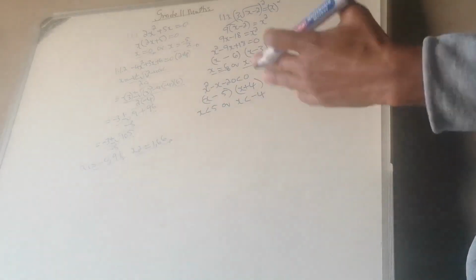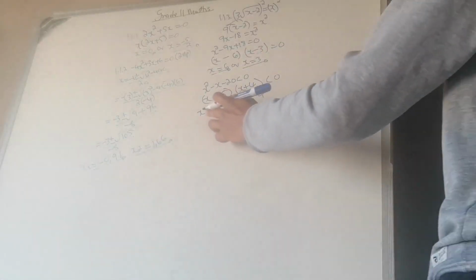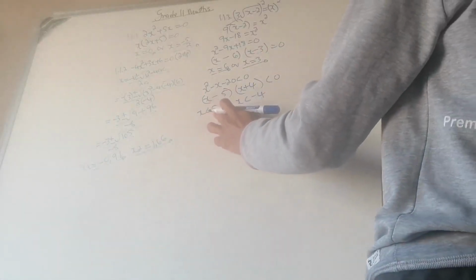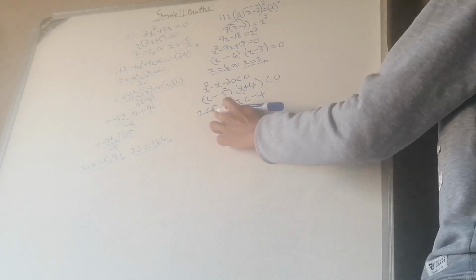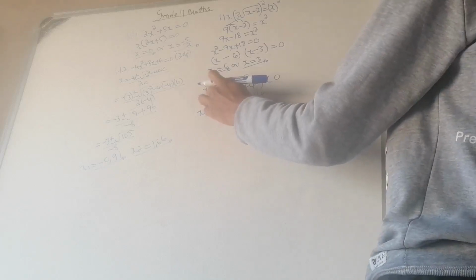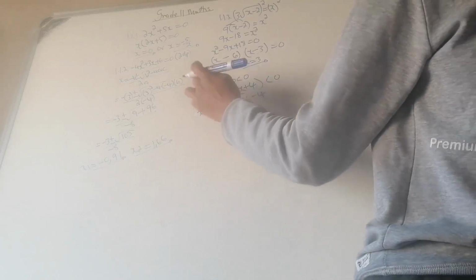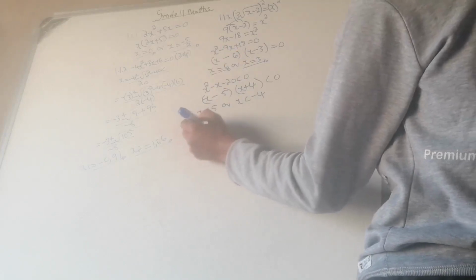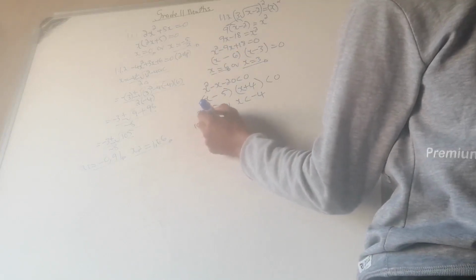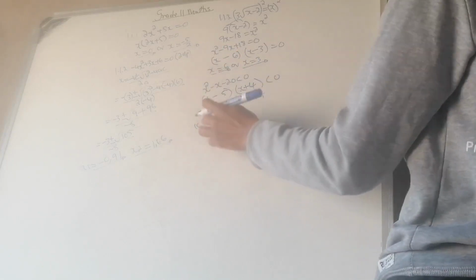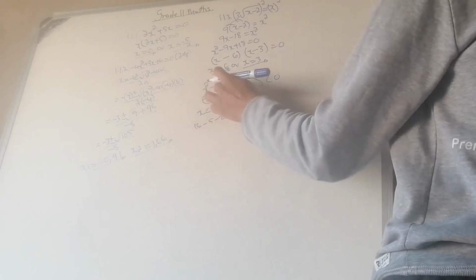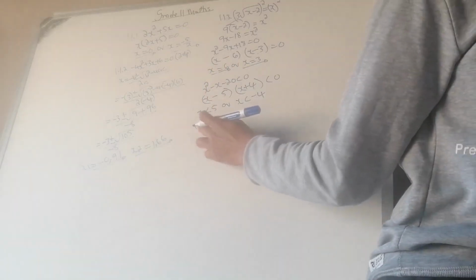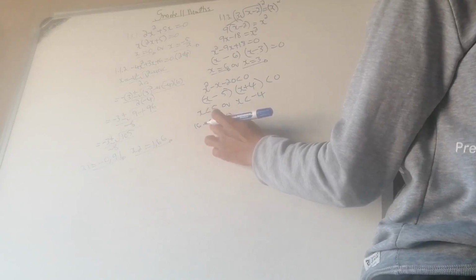And then you will check if this is true. For the values that are less than 5, let's take 4 and see what will happen. You'll have 4 squared, which is 16. So this will give you 16 minus 5 minus 20. What is 16 minus 5?